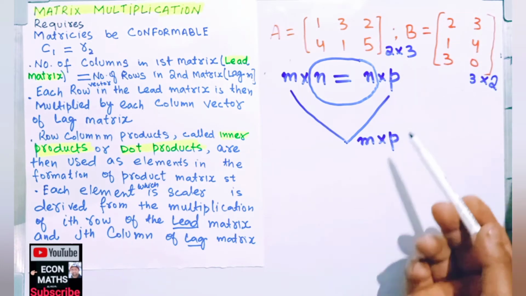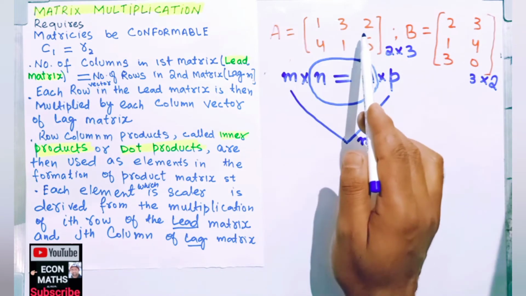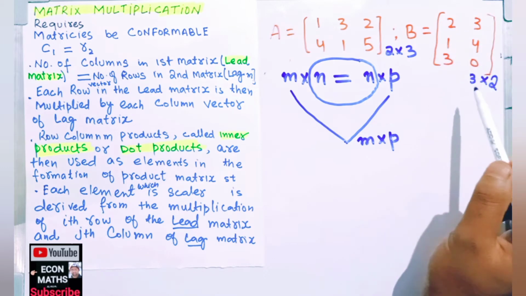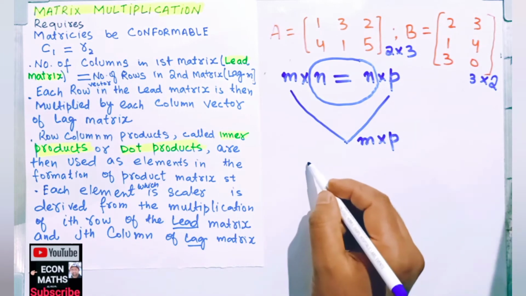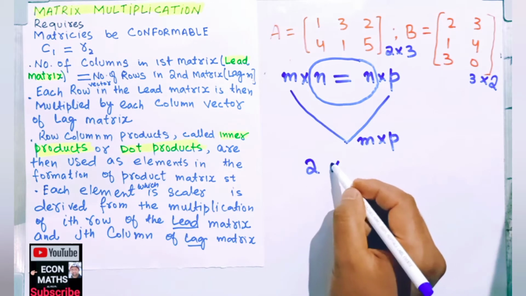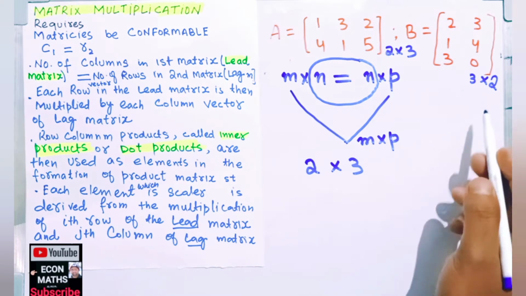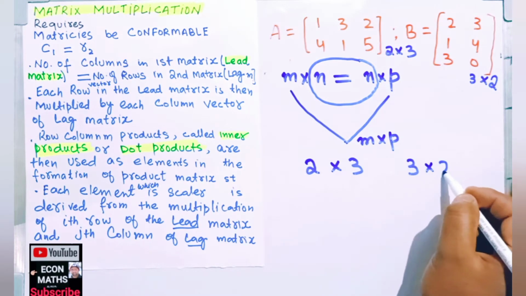So the dimension of the first matrix is 2 by 3 and the dimension of the second matrix is 3 by 2.